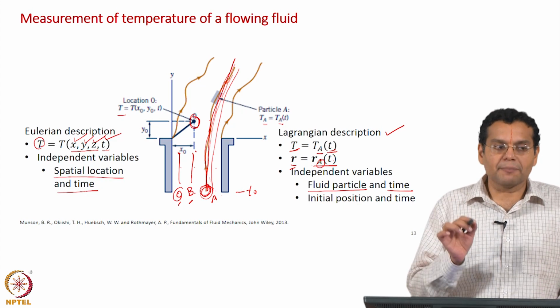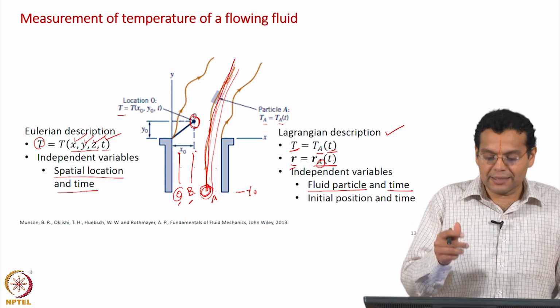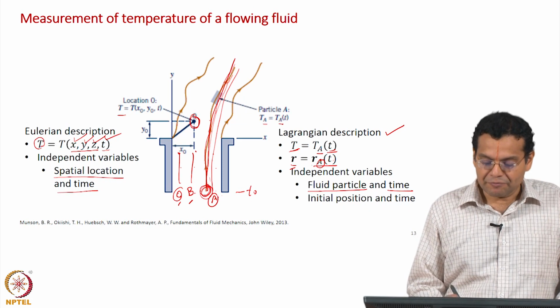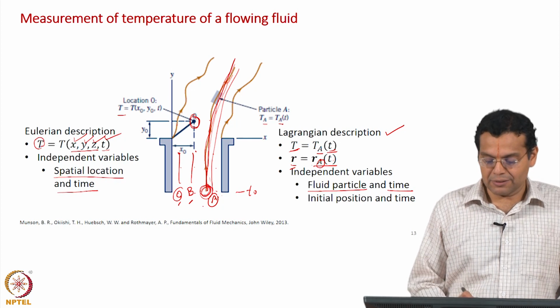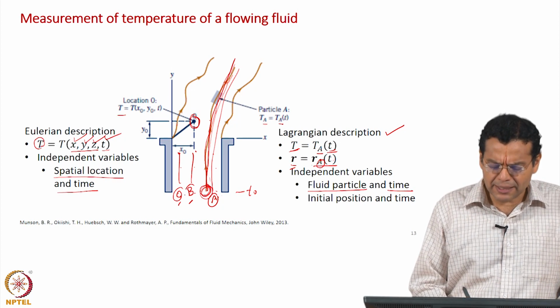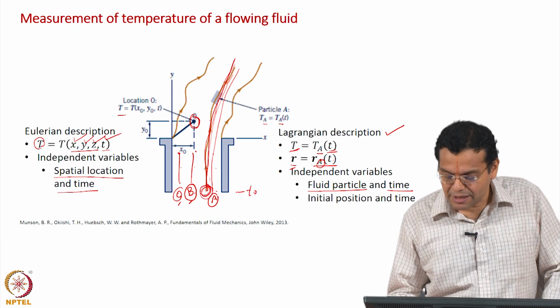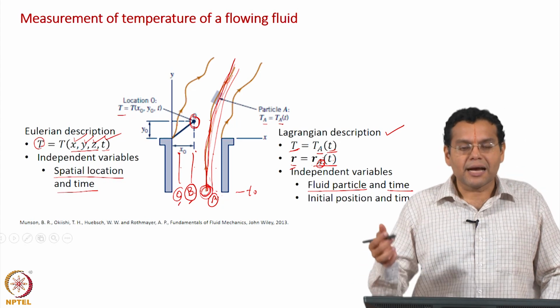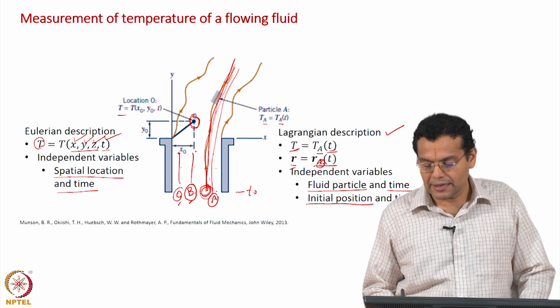I have particle A which was at this position at time t equal to 0. I have another particle which was at this position, which I call R naught. So, instead of A, B, C, D, I replace it with R naught, which is my initial position, and time.